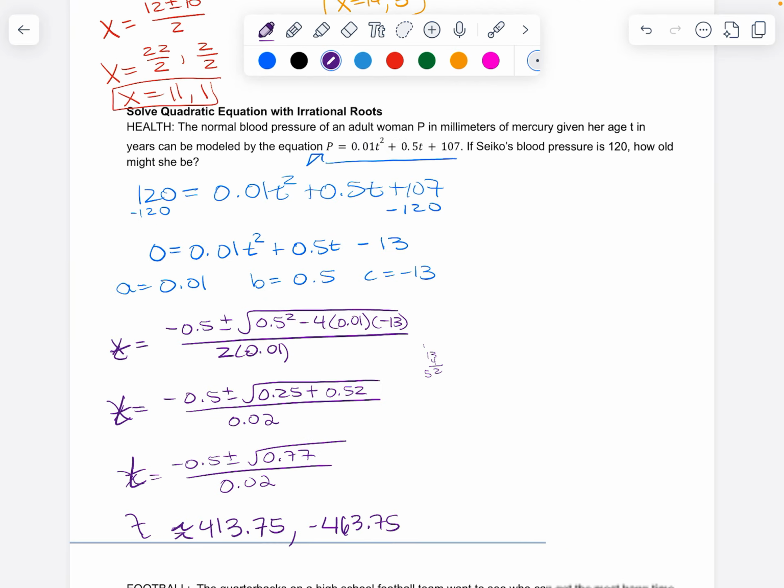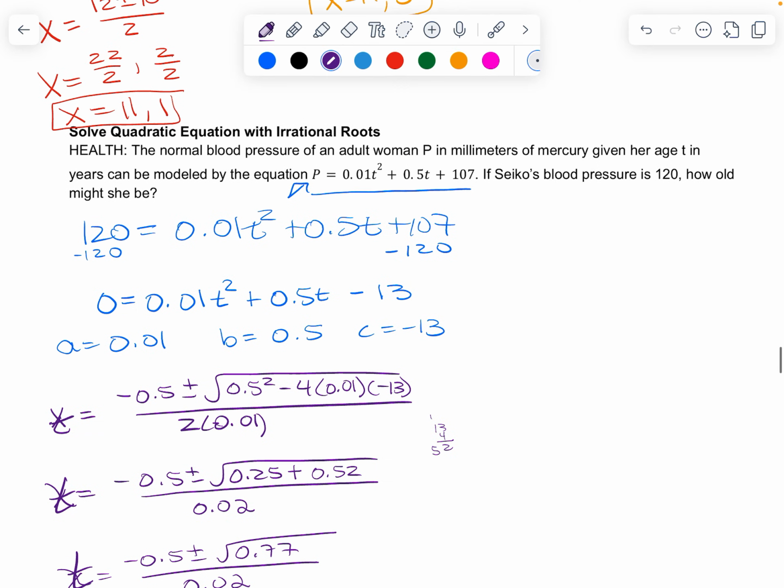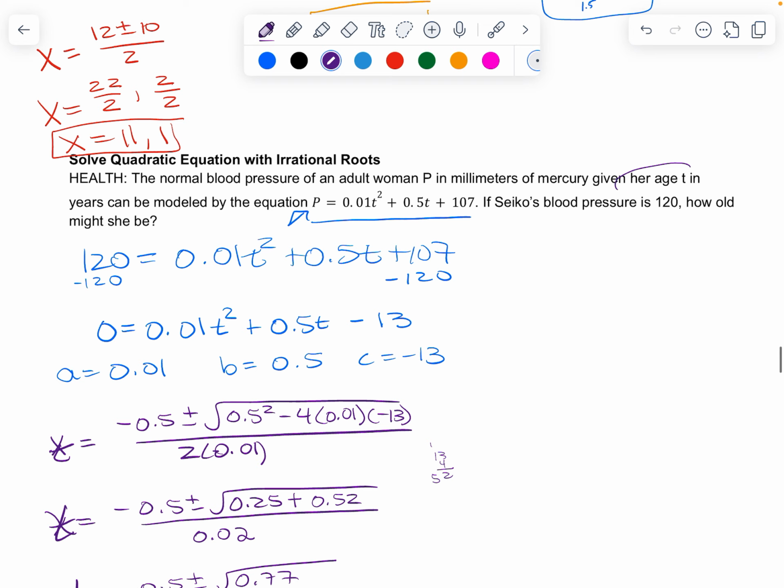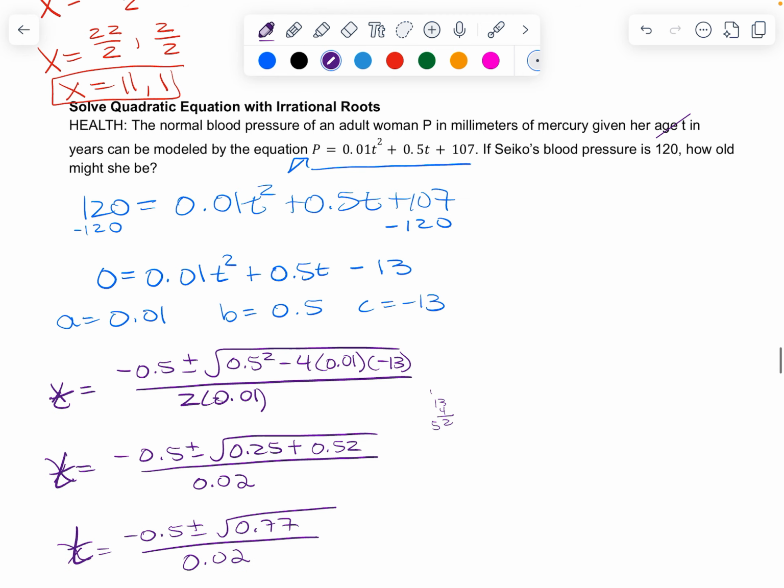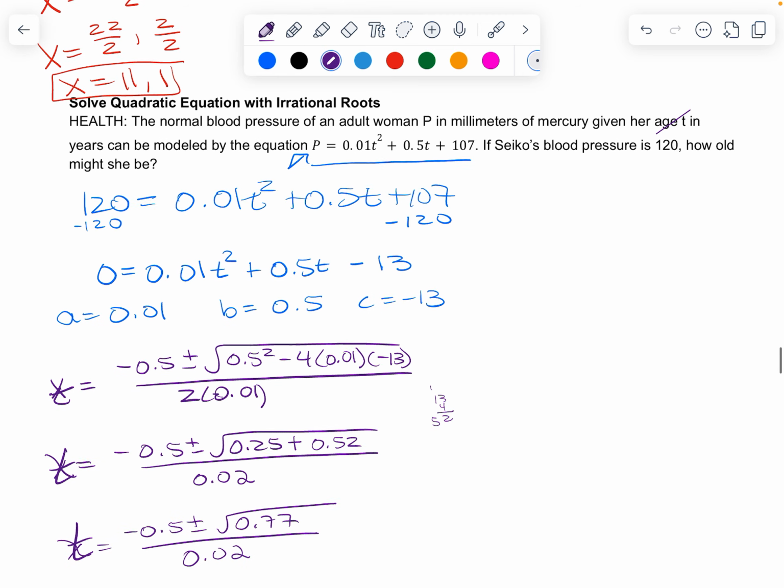Now let's look at what t stands for. I think we must have done something wrong. I may have done something wrong.